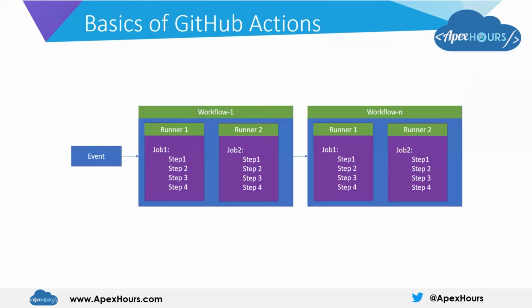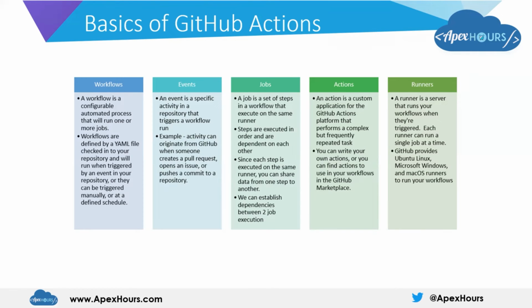The other building block is the runner instance. That means whenever you have a workflow defined, at that moment, a PMD scan should happen. That's what I need to execute. But where is this going to get executed?